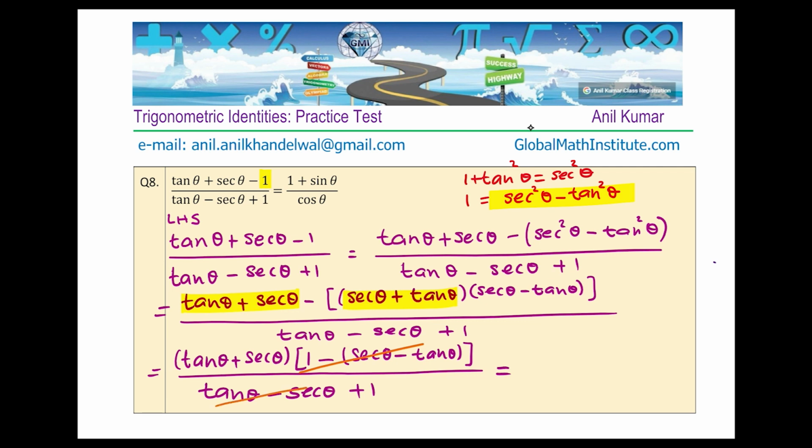And therefore, you are left with tan theta plus secant theta, and I'm just writing 1 here. Tan theta can be written as sine over cos, and secant is 1 over cos, correct?